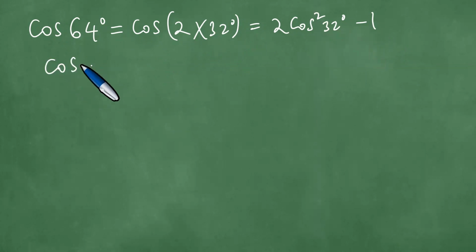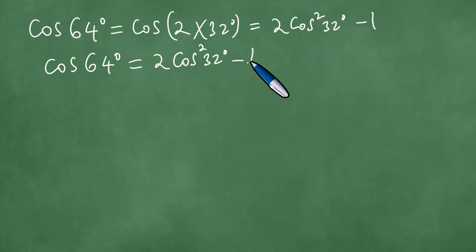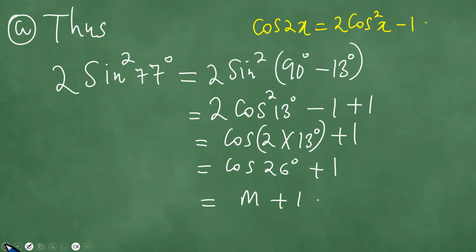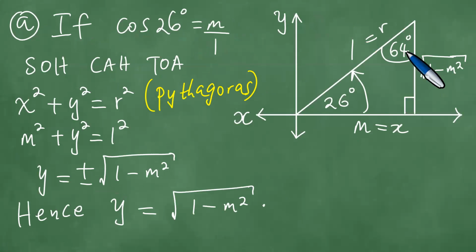So this has transformed for us the cosine of 64 degrees into 2 cosine squared of 32 degrees minus 1. And what is the cosine of 64 degrees? Okay, the cosine of 64 degrees is adjacent over hypotenuse using SOHCAHTOA, and therefore that gives us the square root of 1 minus m squared all over 1.